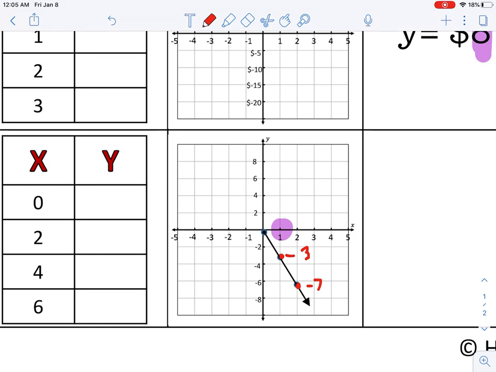Let me change this line here. I didn't make this line, and I'm just realizing now that it's not exactly what it needs to be. So I want to draw the line a little bit more accurately.